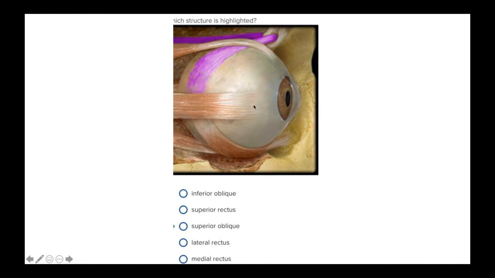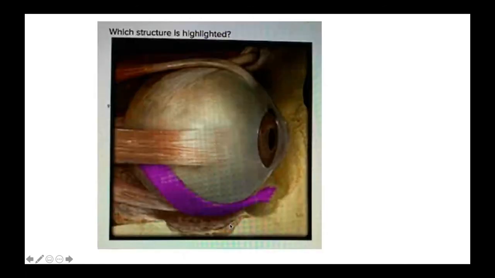Let's look at this one again. Still the right eye. Here's the superior rectus, lateral rectus, inferior rectus, inferior oblique. So which is the muscle going through the trochlear? That is the superior oblique muscle. Now we look at this one.